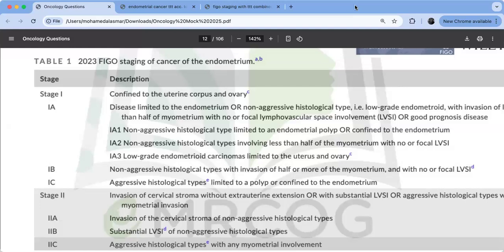Nowadays, they don't only give you the surgical staging of the tumor, but they have also included the histological grading. And even more, they have included what is called the molecular profiling. What is this molecular profiling?